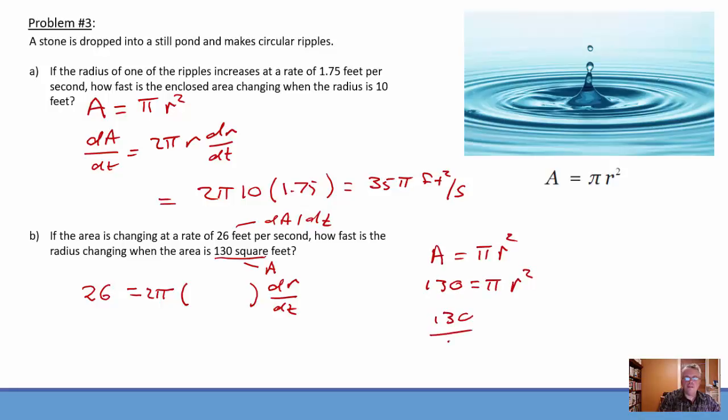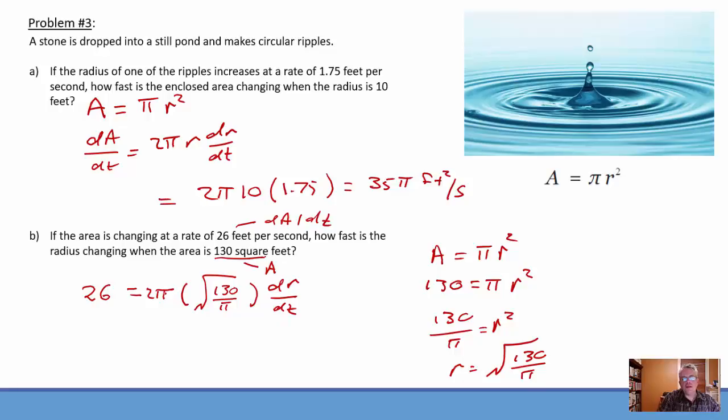Or if we divide by pi, we get 130 over pi is r squared. Or r is the square root of 130 over pi. So we need the square root of 130 over pi here. What a mess, okay? But the only missing thing is dr/dt, and we can solve for that now.